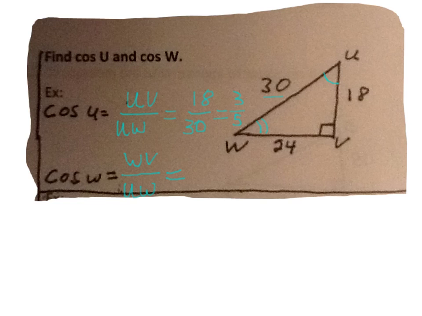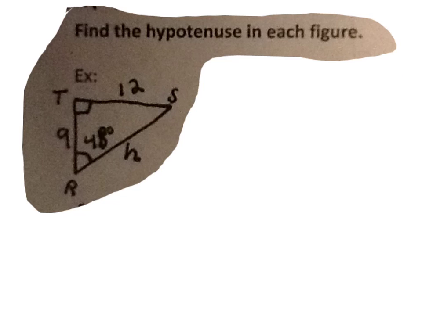That's going to give me 24 divided by 30. And once again, you can simplify this fraction to, I believe, 4 over 5, and then you can leave it as 4/5. That's fine. So once again, straightforward application of the cosine function.